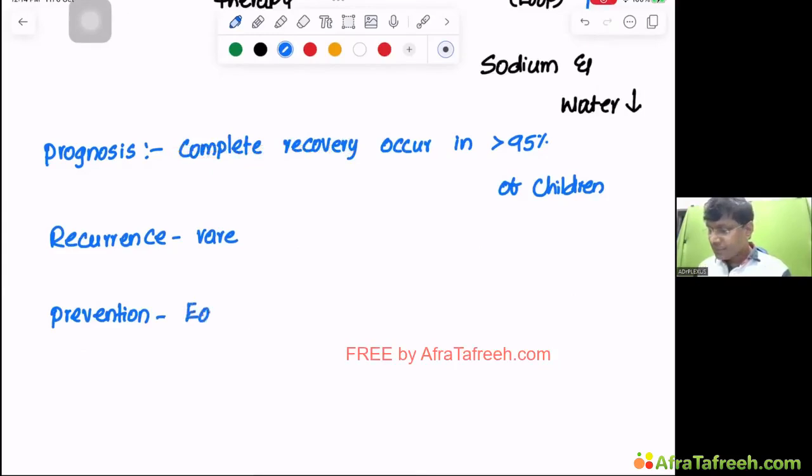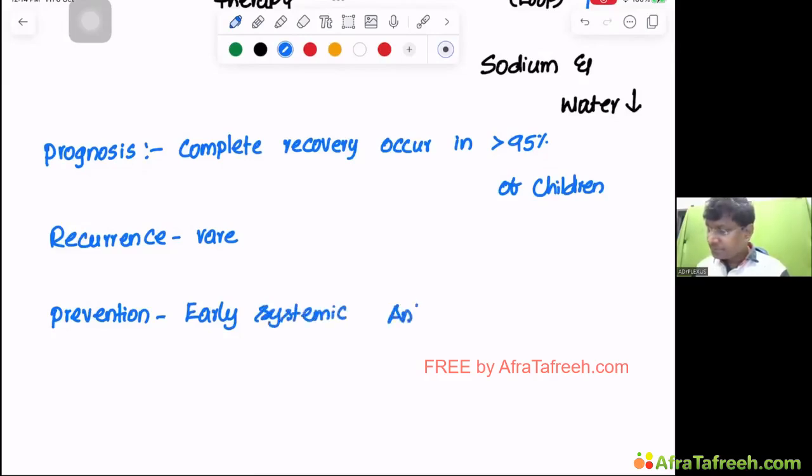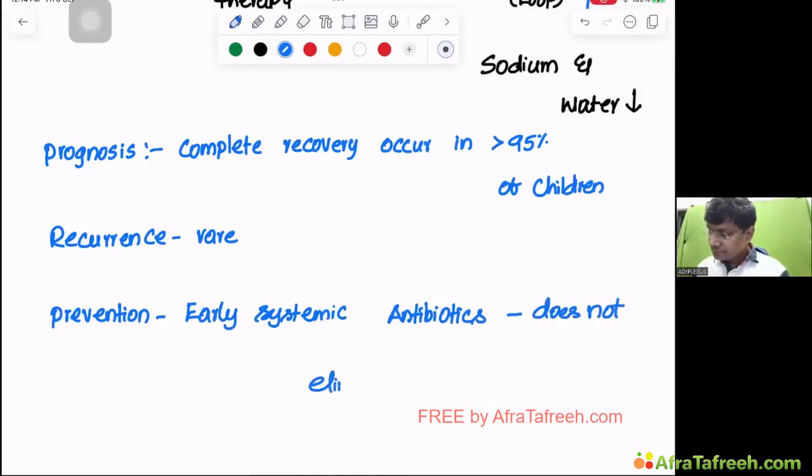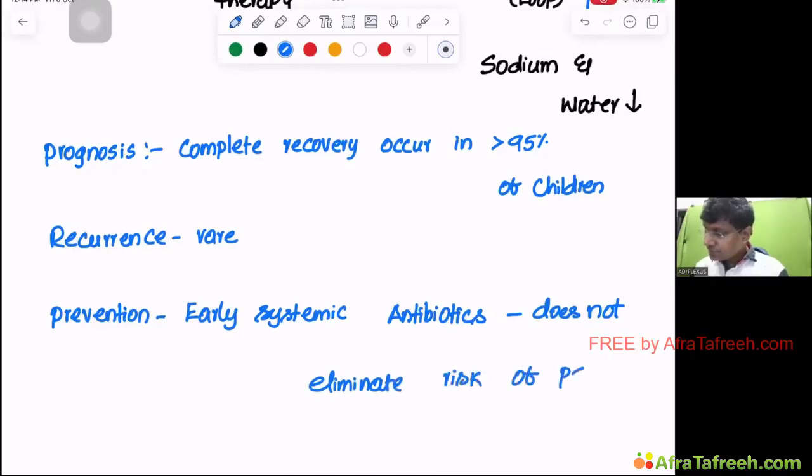Okay, so early systemic antibiotic therapy does not eliminate the risk of post-streptococcal glomerulonephritis. Okay, so that is about your PSGN, post-streptococcal glomerulonephritis, right?